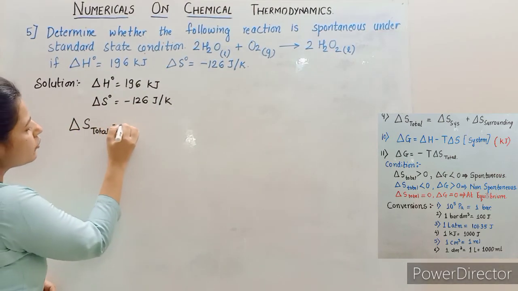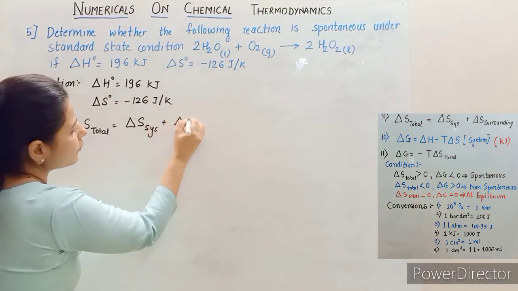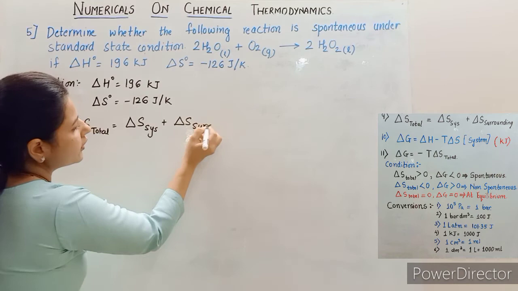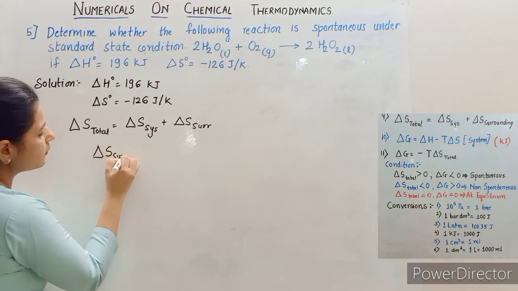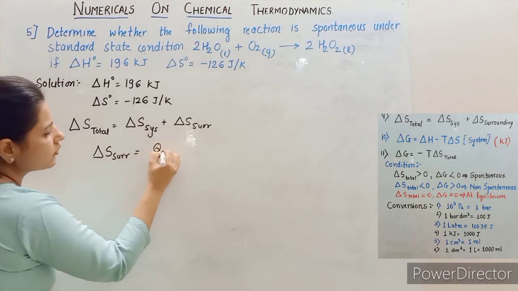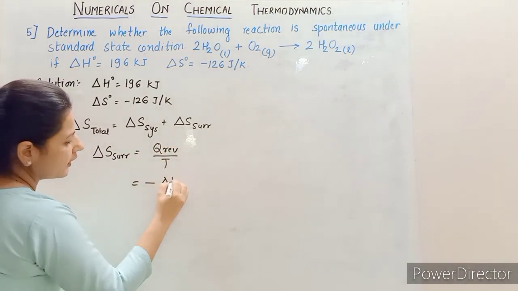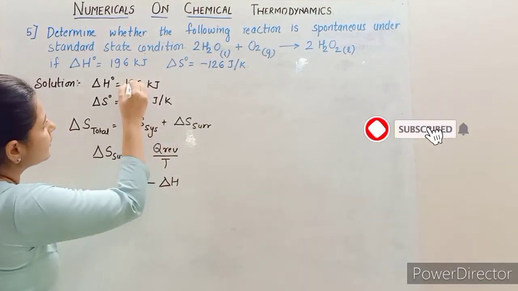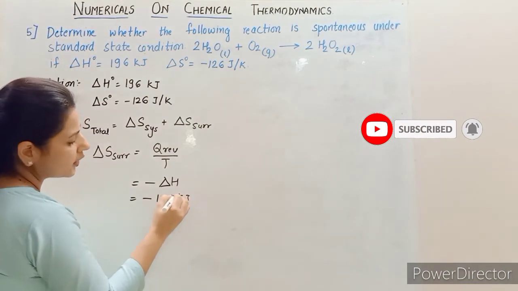We know that S total is delta S of system plus delta S of surrounding. Now in this case again the delta S for surrounding is not given. So first let us compute delta S of surrounding, which is Q reversible upon T, means minus delta H, and here delta H is 196, so this will become minus 196 kilojoules.